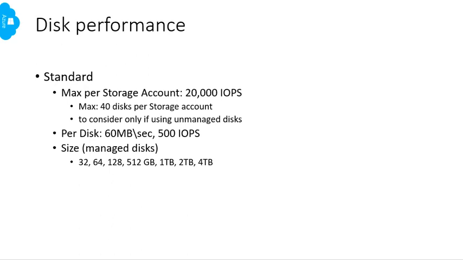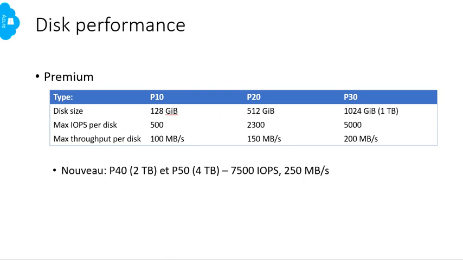The speed of read and write is 60 megabytes with 500 IOPS, and the sizes are up to 4 terabytes for the managed disk. And the last part is premium. Disk sizes range from 128 gigabytes to 1 terabyte. P3 is so expensive. IOPS are between 500 and 5000. Max throughput is from 100 to 200 megabytes per second.